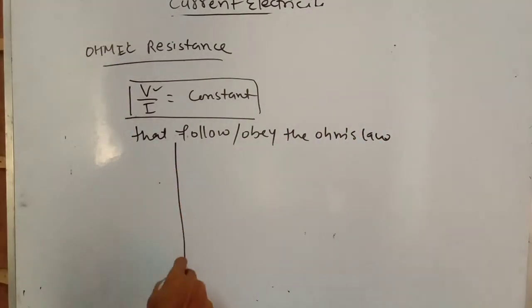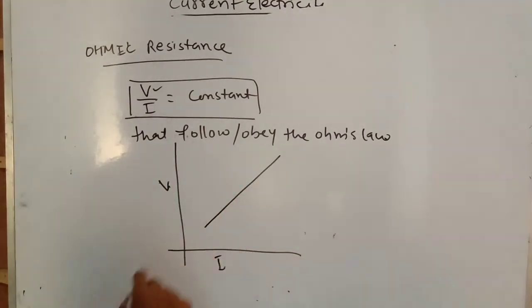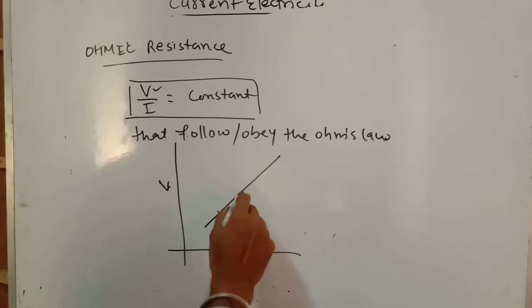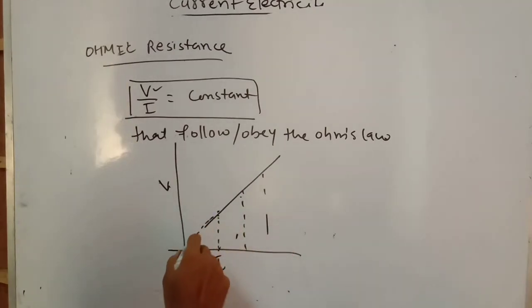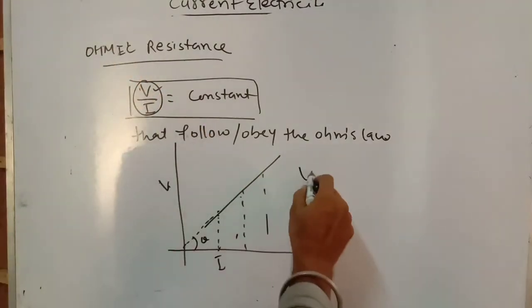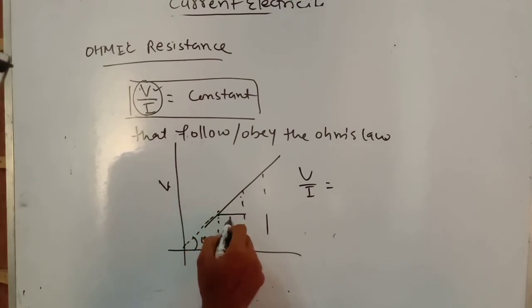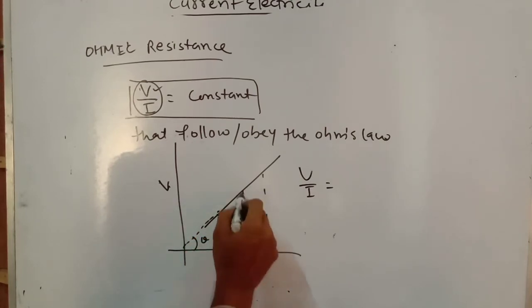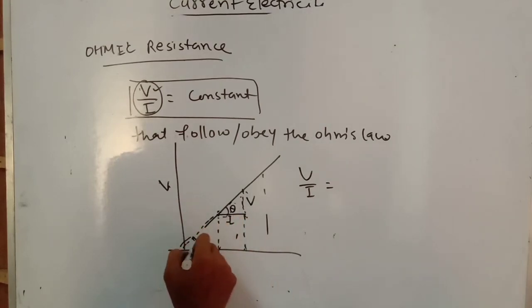In this case, when you draw the potential versus I graph, it gives a straight line. That means at any value of current, the slope is always constant. Let me consider the difference of current as I and the difference of potential as V. This line makes an angle theta with the positive axis.